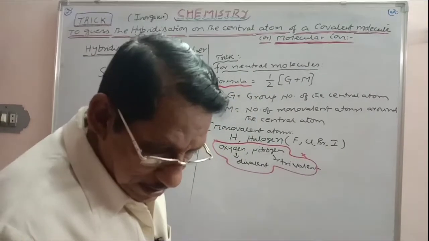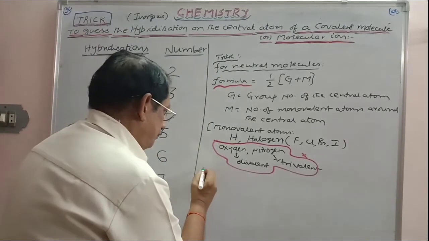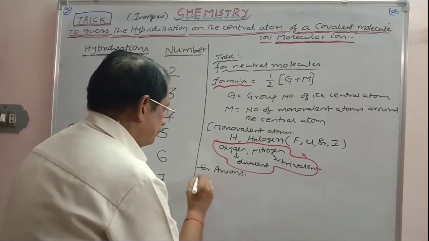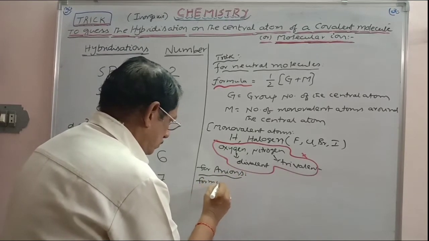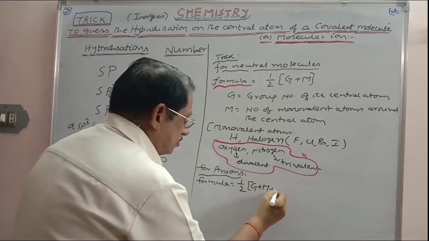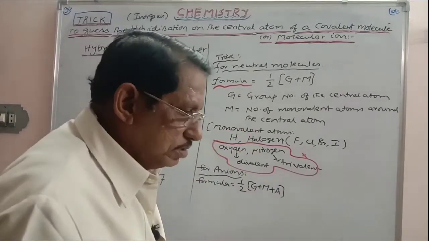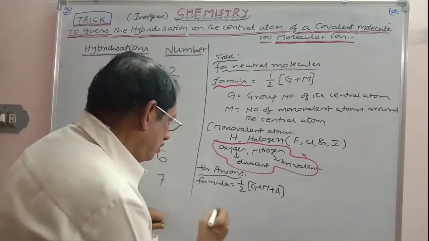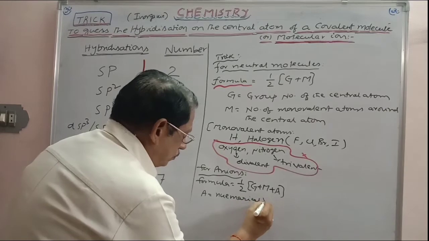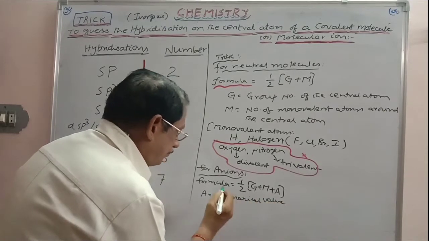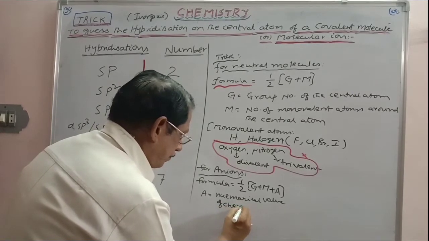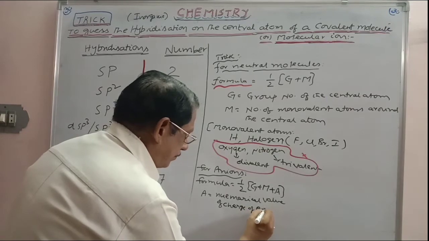In the case of anions, the formula is equal to half into G plus M plus A. G is the group number, M is the monovalent atoms, A is the numerical value of the charge of the anion.